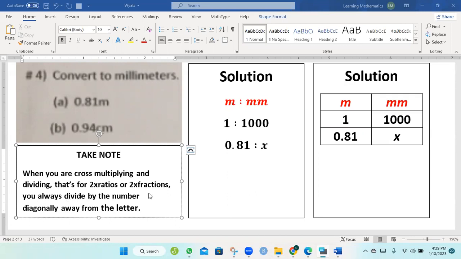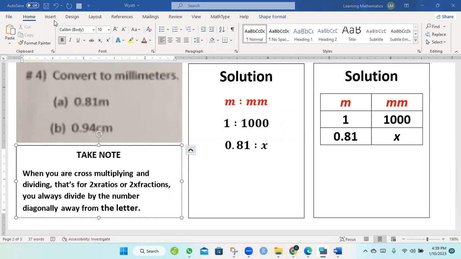When I say two ratios, this is an example: two ratios, 1 to 1,000 and 0.81 to X. So that's a case of two ratios. And you may have a situation of two fractions. This problem can also be represented like fractions: 1 over 0.81, that's a fraction, and 1,000 over X, that's another fraction. So you have two ratios, two fractions.